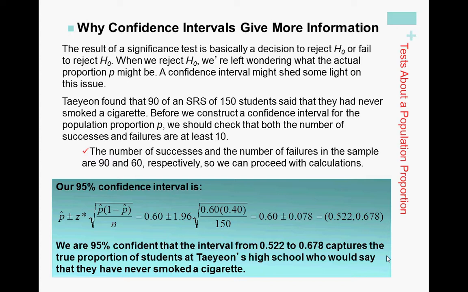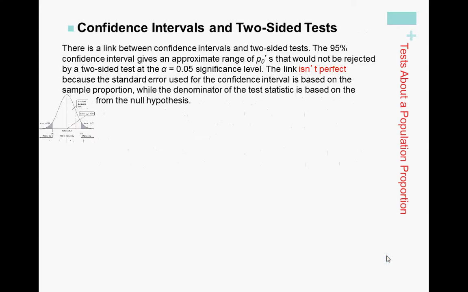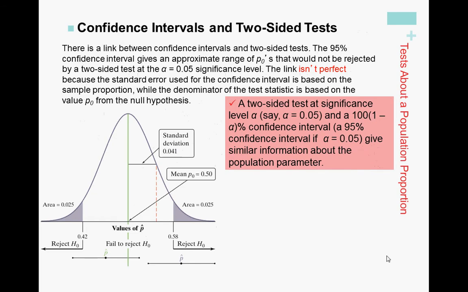Okay, so 3 points here. First, a two-sided test at a significance level of alpha and a 100 times 1 minus alpha confidence interval gives similar information about the population parameter. In other words, a significance test of 0.05 significance level and a 95% confidence interval give very similar information about the population parameter.